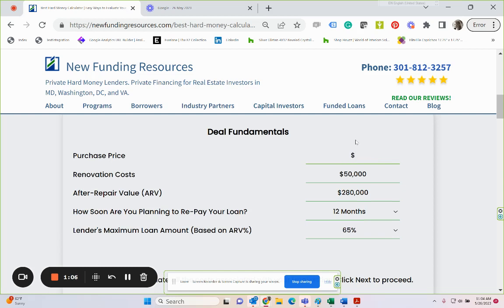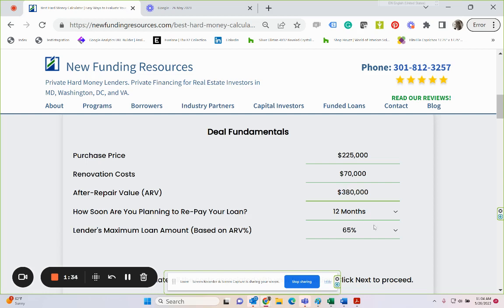So let's say you're buying something for 215,000. Or let's do 225 since I just typed it in. 225, and let's say your renovation cost would be 70,000. And let's assume that your after repair value would be 380. So let's just put 380 there.